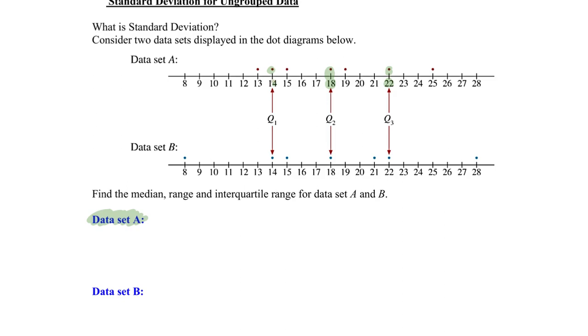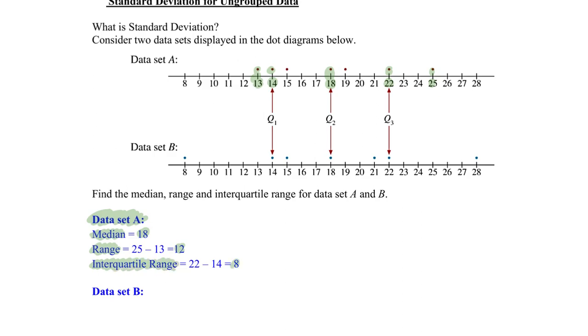So I would have 22 minus 14 for my interquartile range, and 25, the maximum number, minus 13 will give me my range. So for A, the median is 18, the range is 12, and the interquartile range is 8.